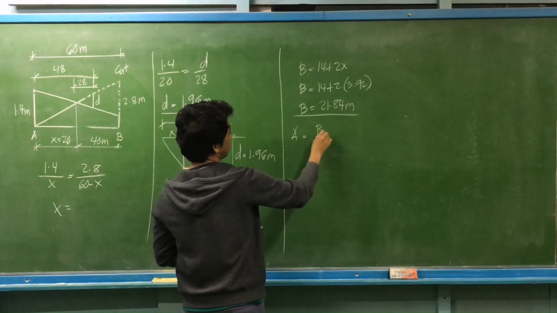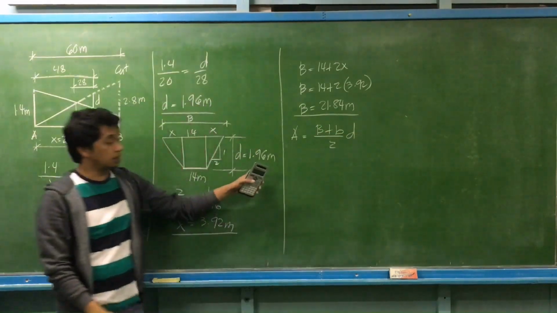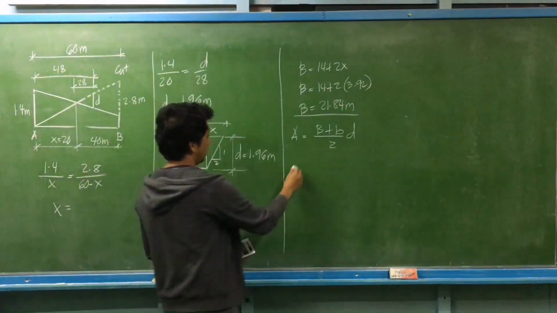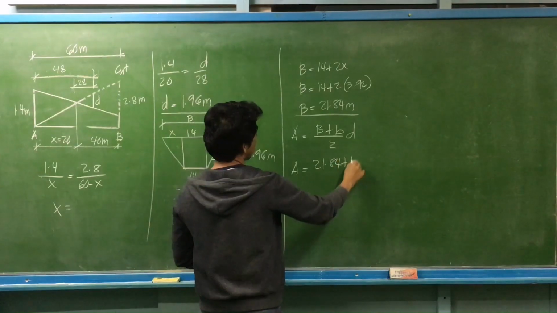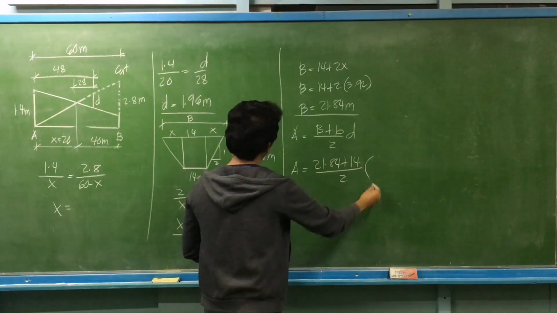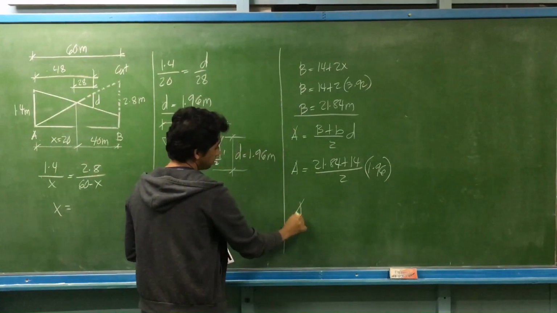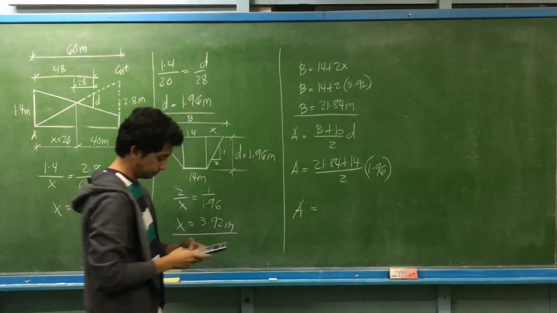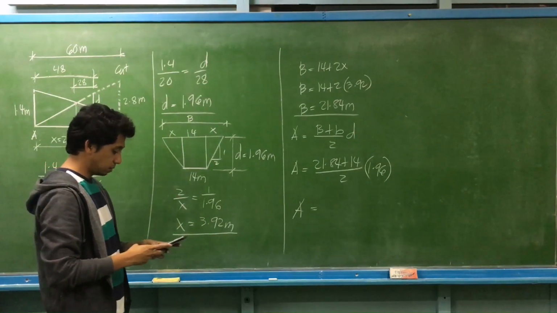Area is equal to the top base plus the bottom base over 2, times the depth we got earlier. So the area is equal to 21.84 plus 14, divided by 2, times the computed depth, 1.96. Let's get the area.